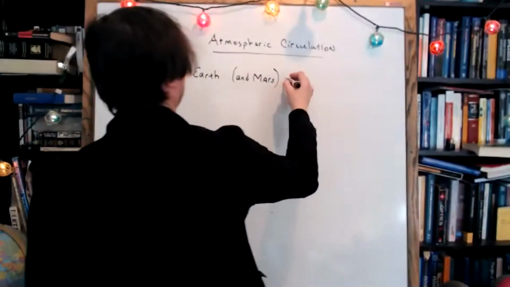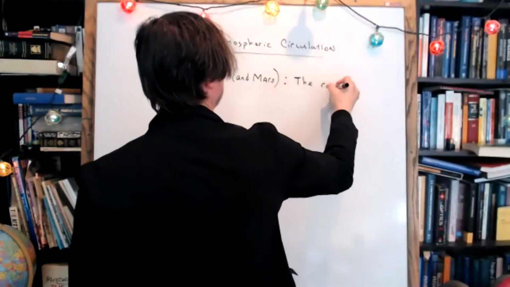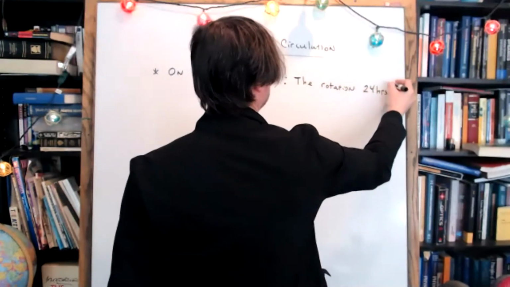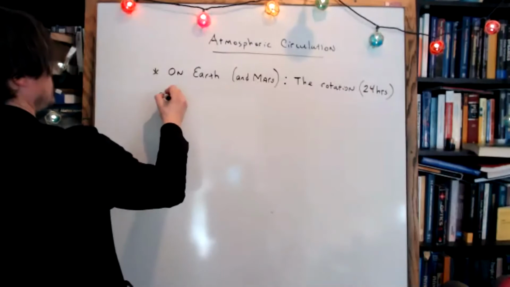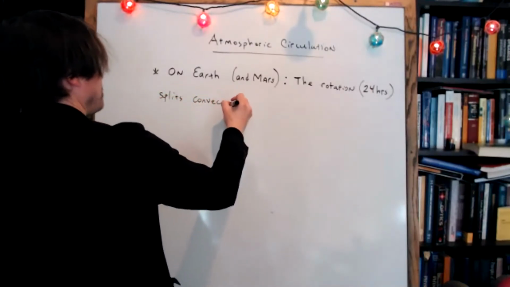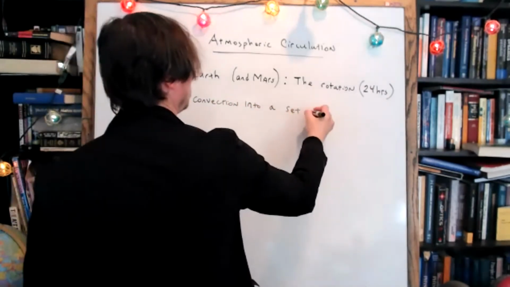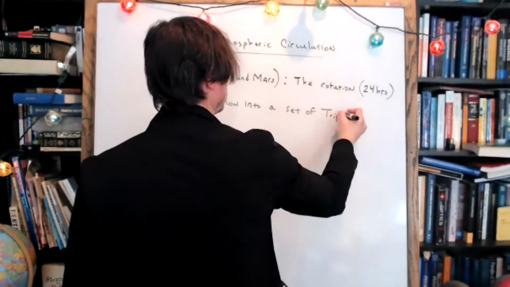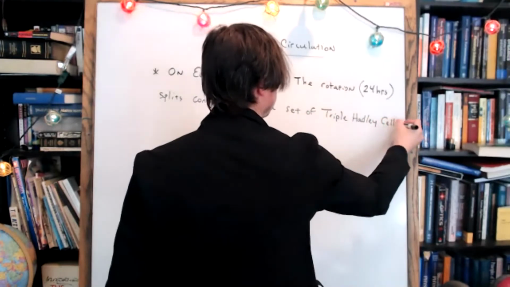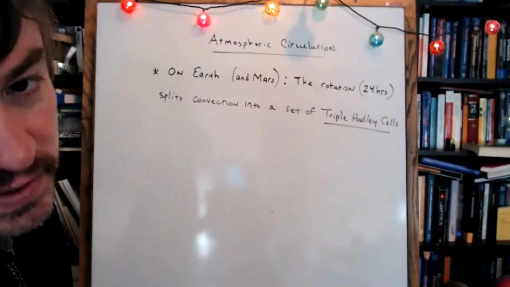But on Earth and Mars, the rotation, which is about 24 hours for both, splits convection into a set of triple Hadley cells. And I'd like you to underline that because that's a key concept.